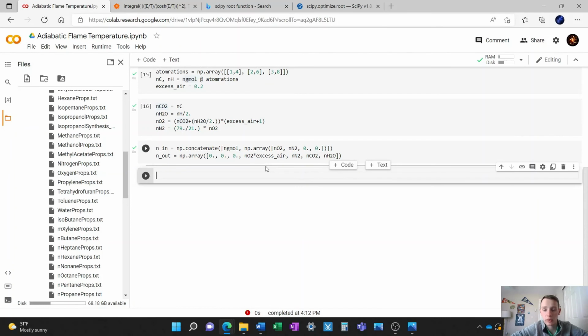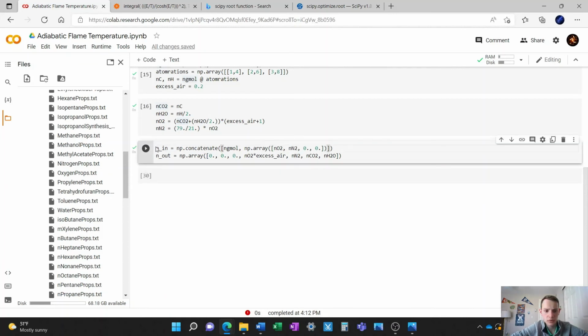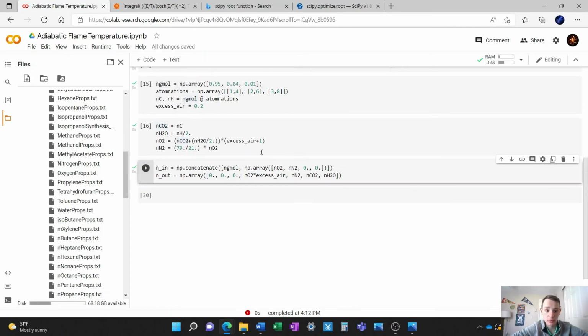Now we're ready to use the root function to find the temperature of our flame. Now, we balanced our chemical equations. So what we need to do is use our function that finds the enthalpy of each compound. And we remember that those enthalpies are expressed in joules per mole. And that's why we balanced our chemical equations. So what we need to do is use our number of moles in and number of moles out and our function that computes the enthalpies at a certain temperature.